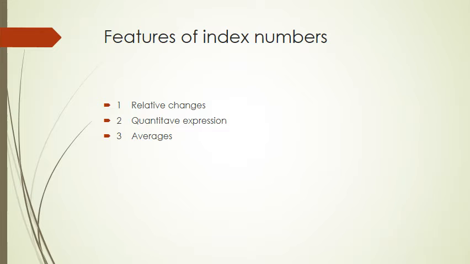Third, index numbers show average changes in the variables. For example, when it is said that between the year 2018 and 19, the prices have risen by 7%, it doesn't mean that prices of all goods and services have uniformly risen by 7%.